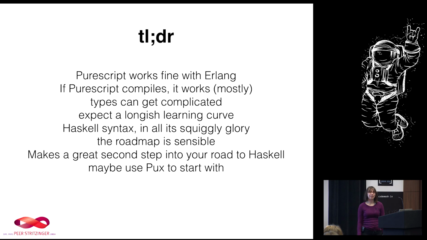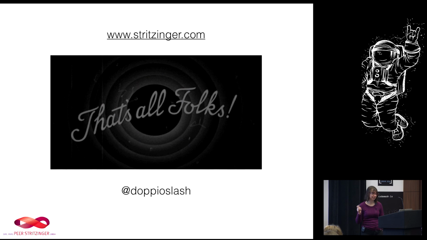And you get all the squiggly glory of Haskell syntax. And also, they have a sort of roadmap, and you can talk with Phil about the roadmap, and he will answer you, and you can get up to date fairly easily. So it's a great second step, getting towards Haskell, and maybe use Pux or Flare to start with.